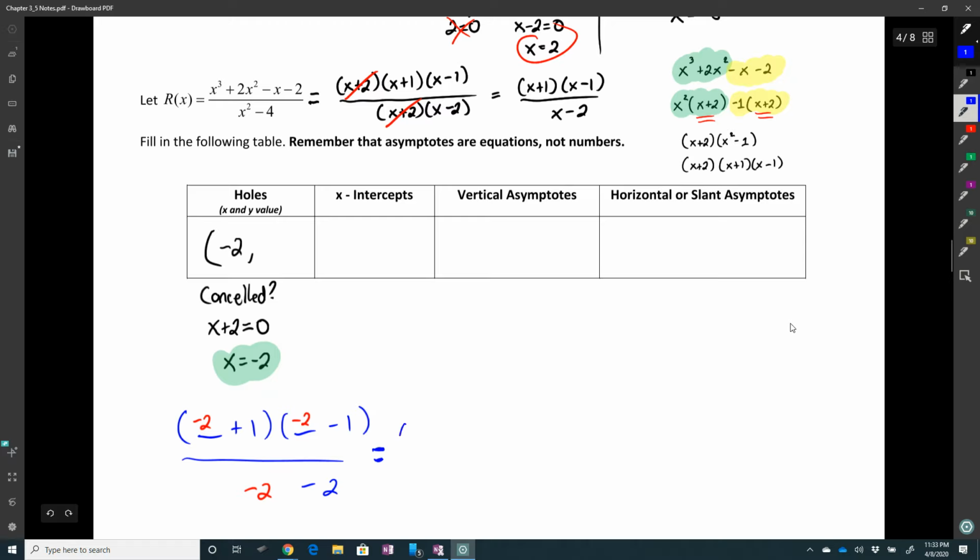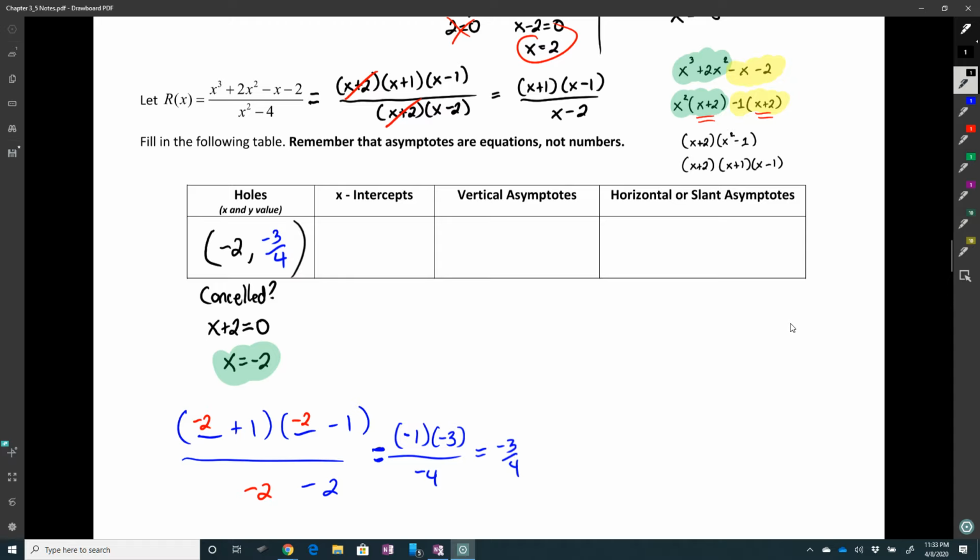And so that gives me 1, -1, -3, -4. So that gives me -3/4. So we found the hole.